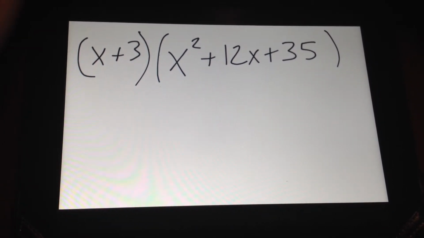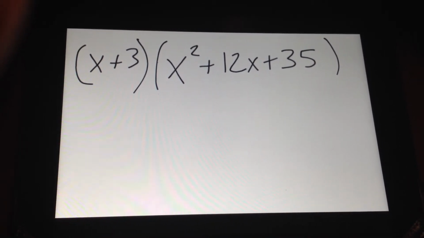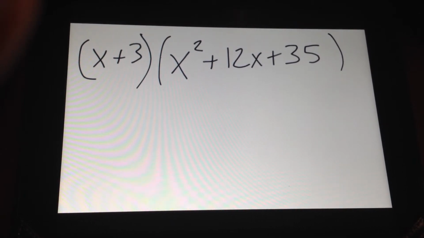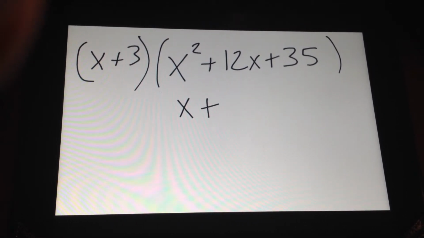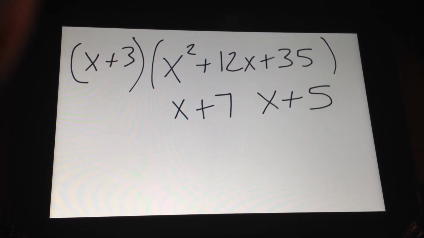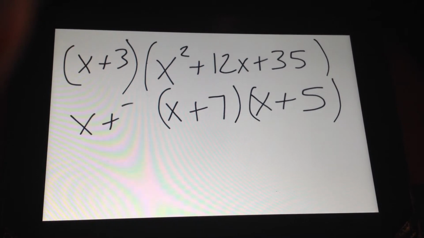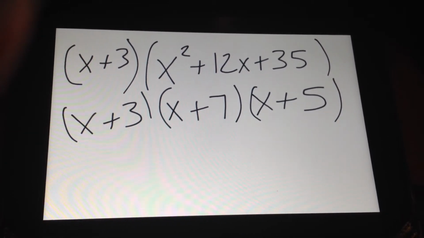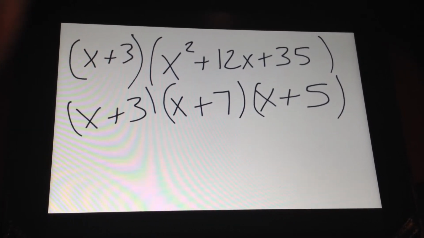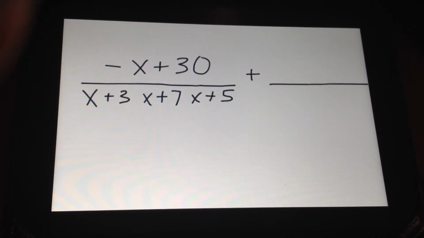Now it's just a 3-term polynomial inside parentheses, so we need to find something that multiplies to be this and adds up to be this. And that happens to be x plus 7, x plus 5. Okay, so now we have it completely factored out. So let's put this in our new problem. So this is what we have now.